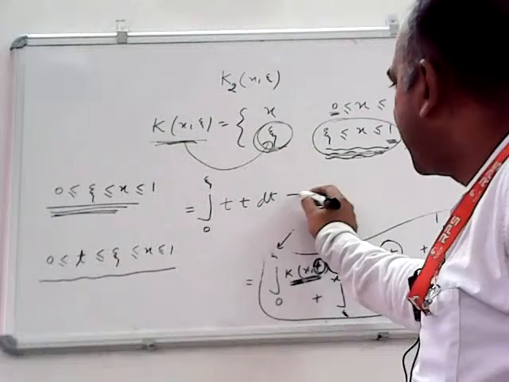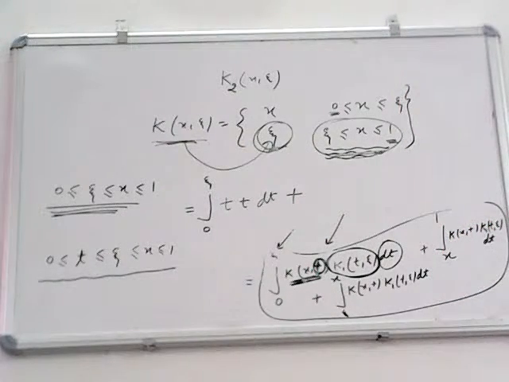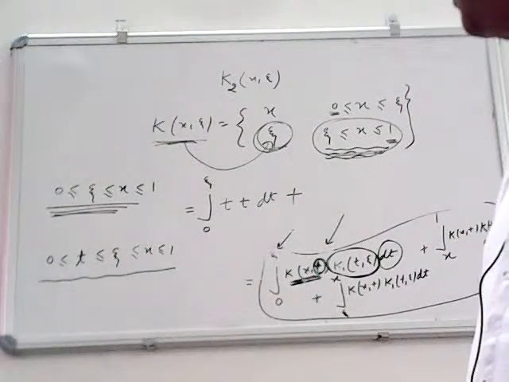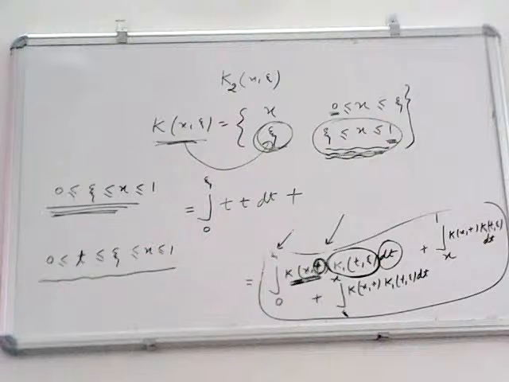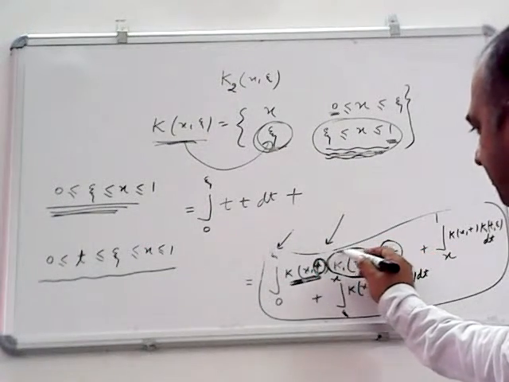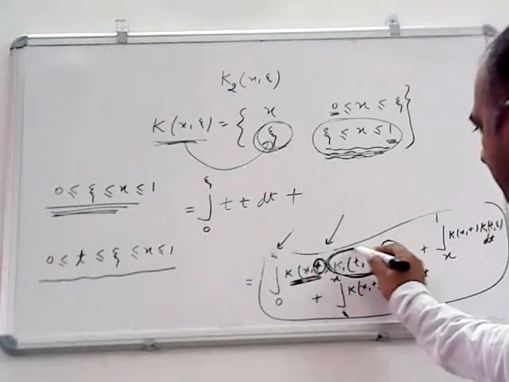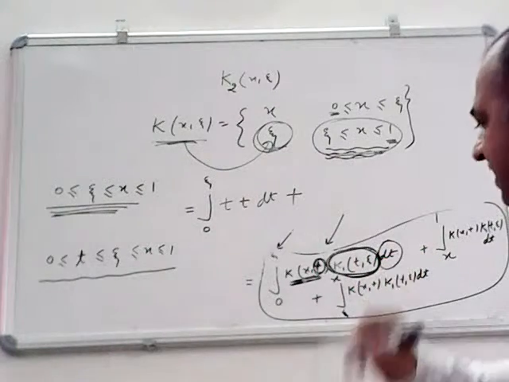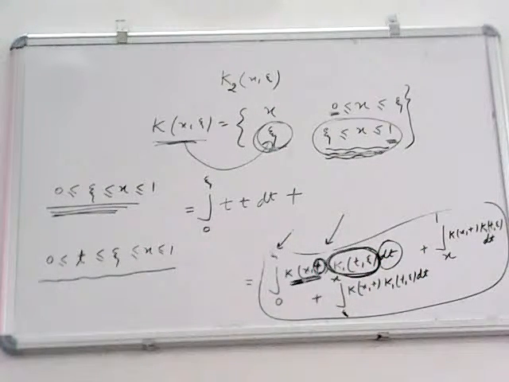Now comes the second part. In this second scenario, first of all, we will clarify this particular case k1 t comma xi.